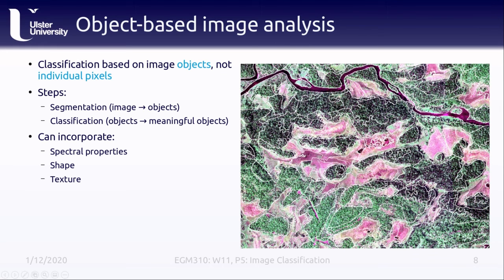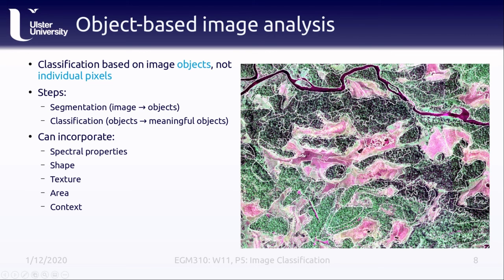For example, the trees in this image have a very rough texture, as we discussed in the visual interpretation lesson, while the river, even though it has a dark color similar to the trees, looks a lot smoother. Area is another category that we can use to classify image objects. Larger buildings might be industrial or commercial, while smaller buildings are more likely going to be individual houses.